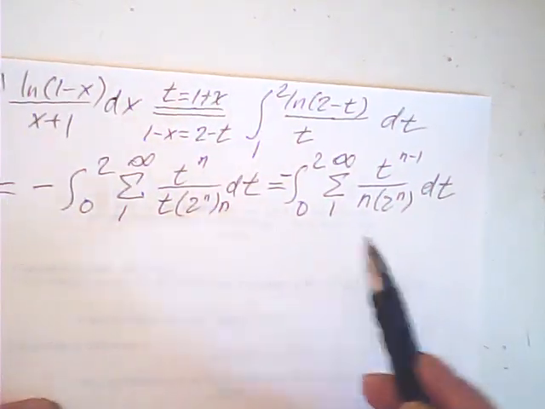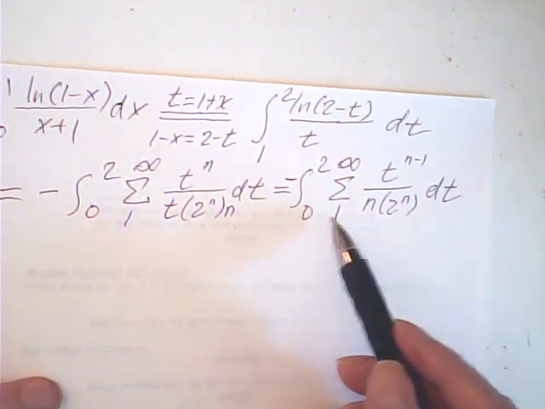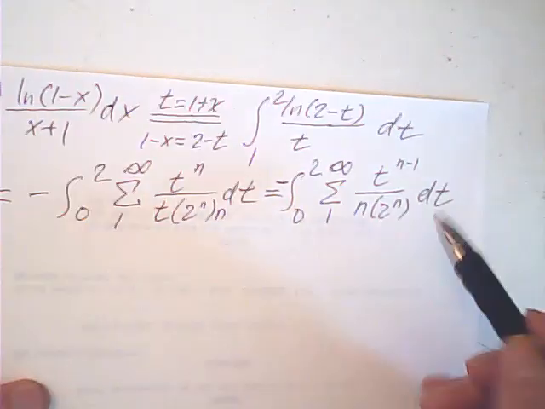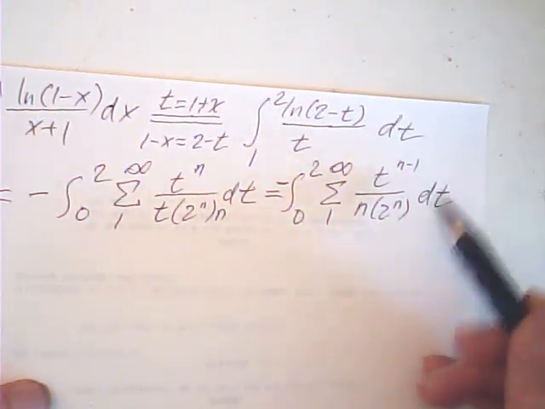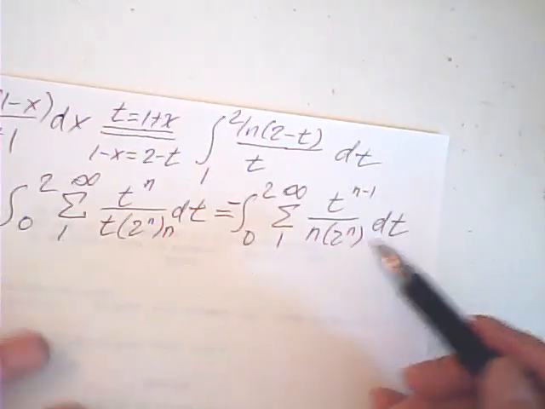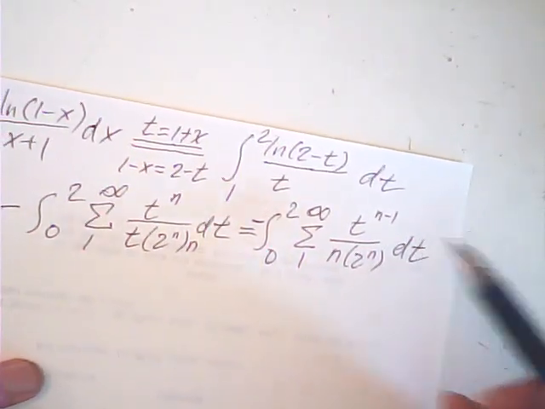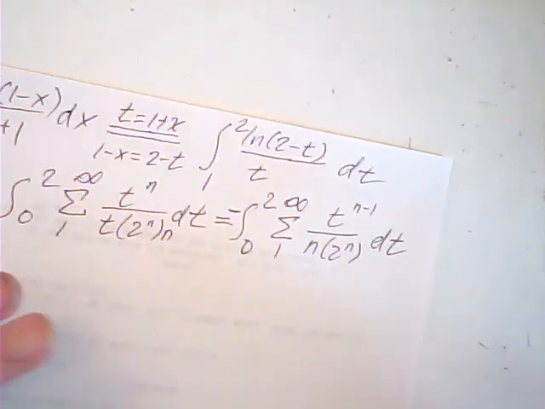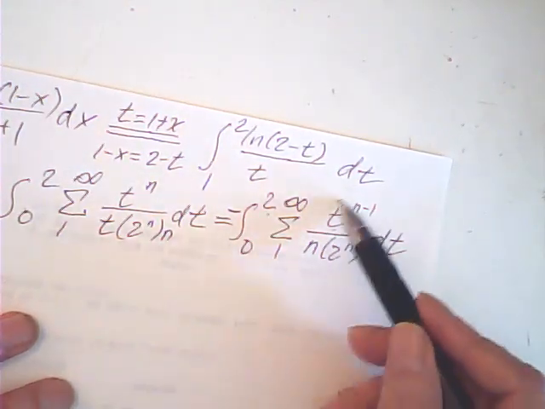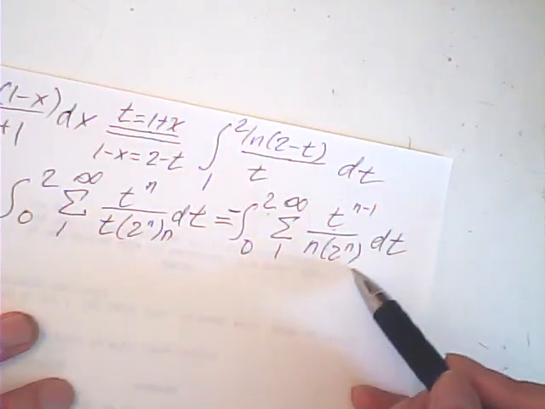But unfortunately, we are not allowed to switch the operators because this series is not convergent in this interval. Well, you can do by test of convergence. Look, when t equals 2, this one is the same thing as this one.